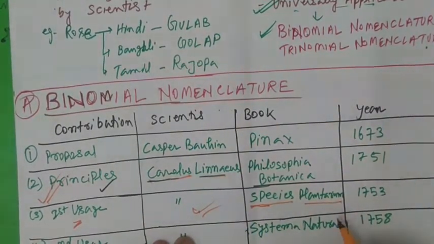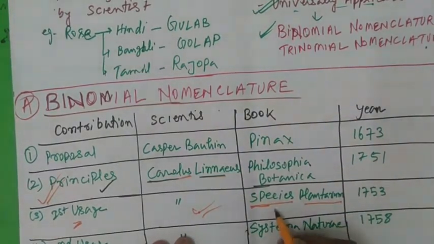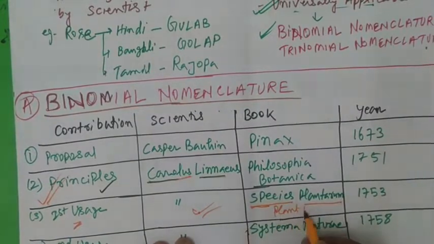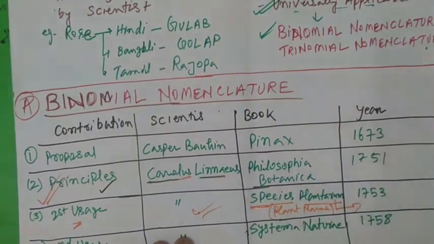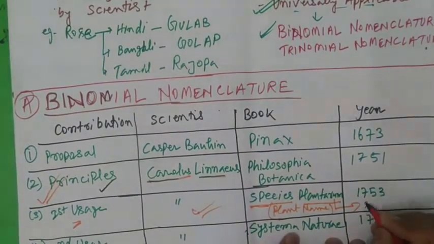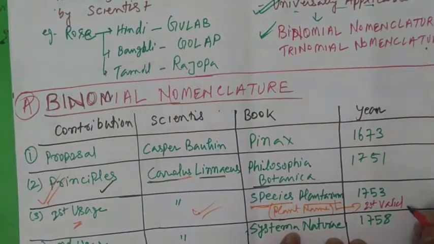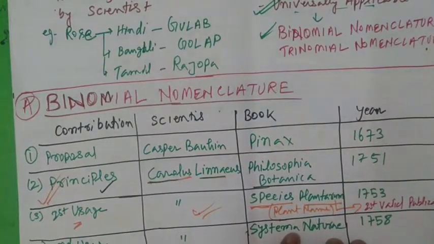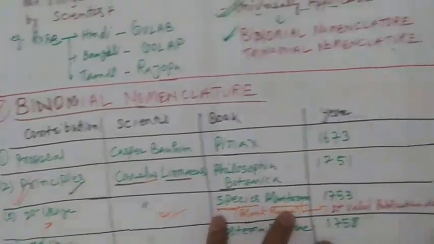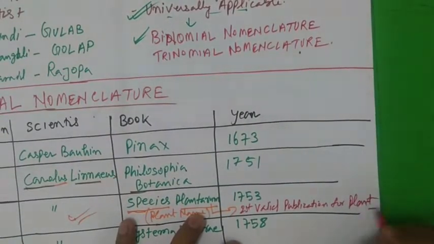This book is based only on plant naming, and it is also considered the first valid publication for plants.